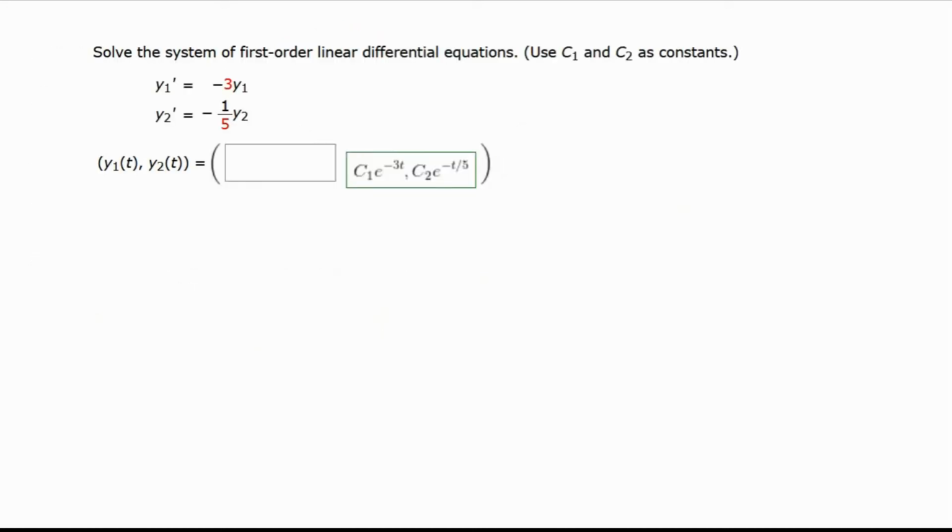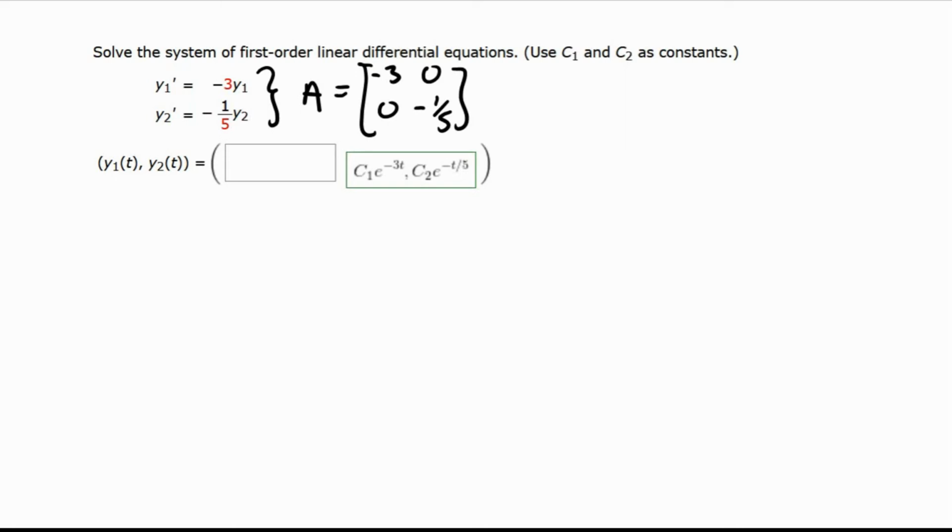So for the first problem, we're going to build the matrix A, and this is pretty easy when we're just given these monomials. This is negative 3, 0, and this is 0, negative 1/5.